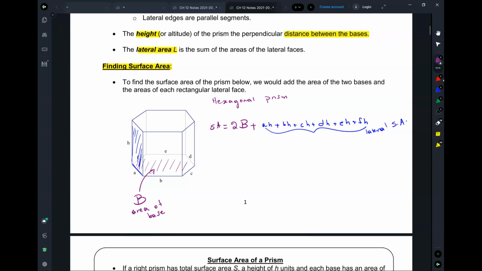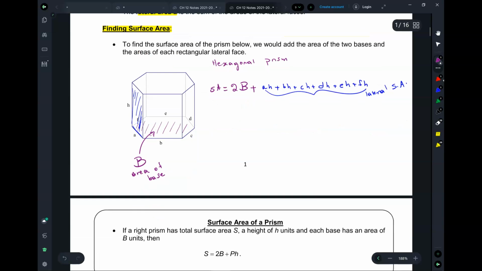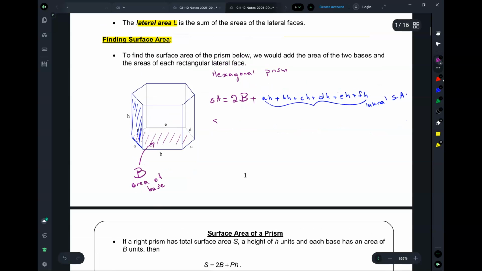So surface area is now equal to 2B plus, can we factor out an H from this blue part? And I get H times A plus B plus C plus D plus E plus F.